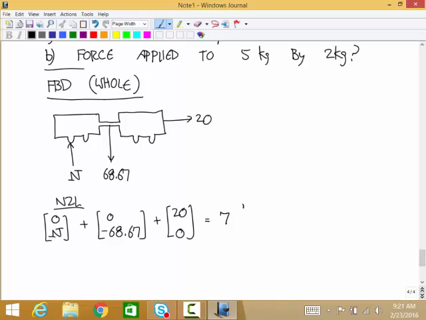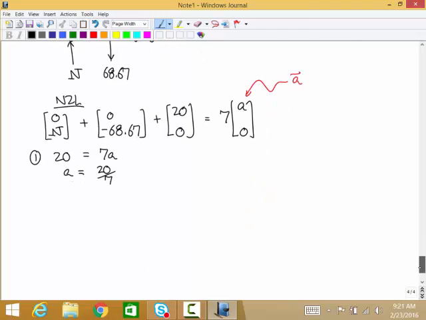Yep, only horizontal, so this is the acceleration vector once we figure out what that variable a is. And we can use the first equation. 20 is equal to 7a, so a is equal to 20 sevenths, which I think is like 3.27.